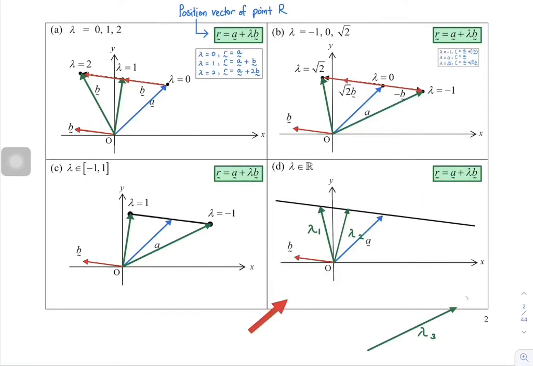And lastly, when the value of lambda is equal to lambda 3, this particular point has position vector a plus lambda 3 b. So when we change the values of lambda for all real numbers, we will describe all the different points on this particular line.